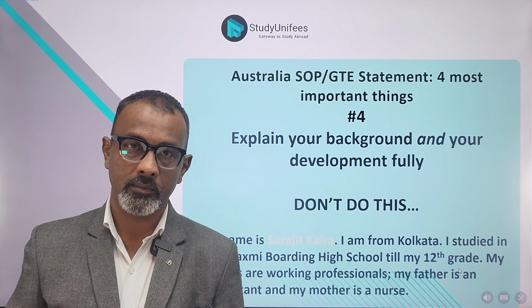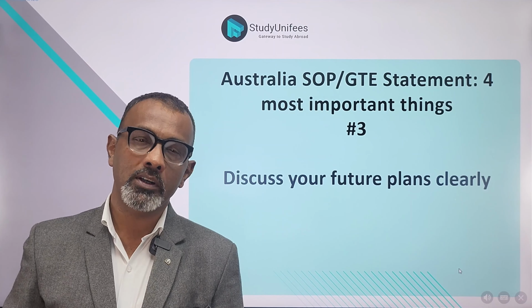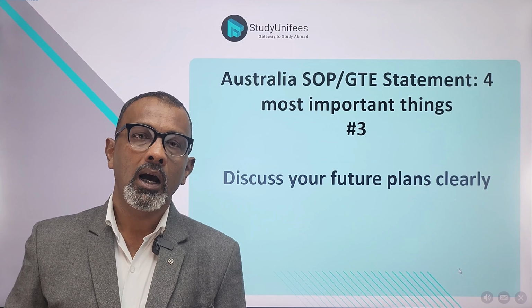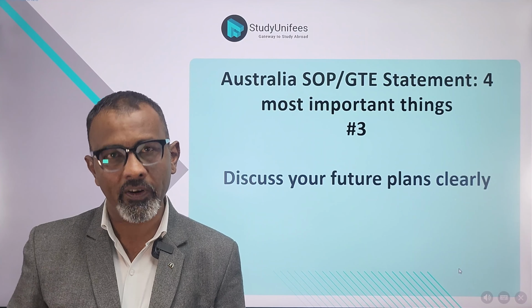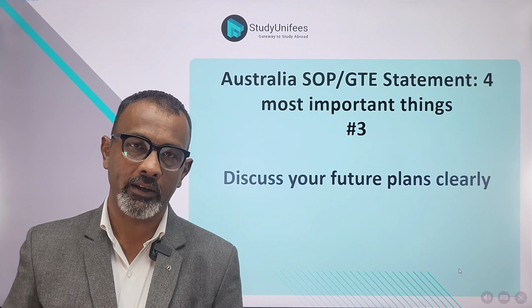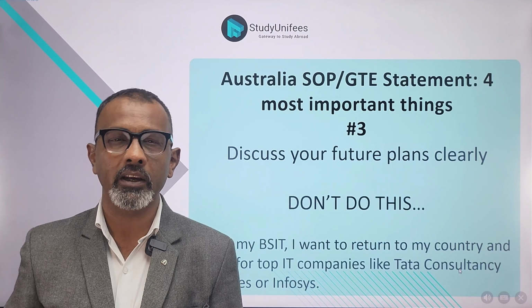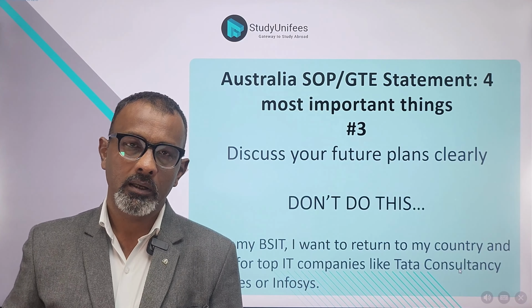Number 3, be very clear when you're discussing your future plans. Most particularly, how you plan to use your qualifications in the future, in your profession and your professional life. Most students make the mistake of being very vague in this area. Like for instance, what you can see on the display.